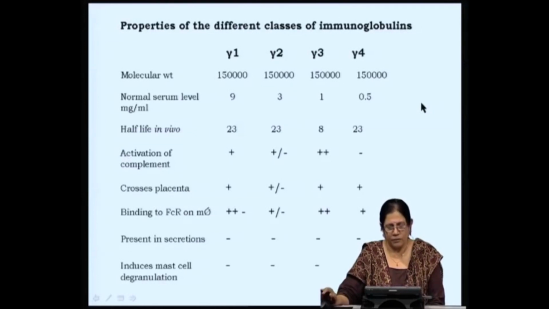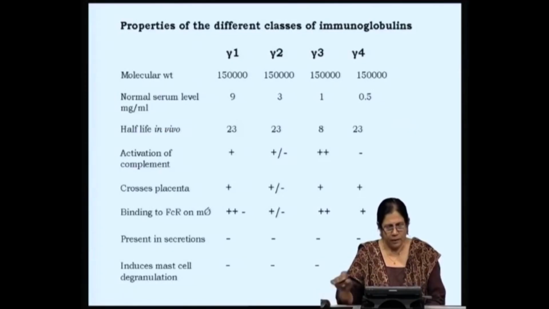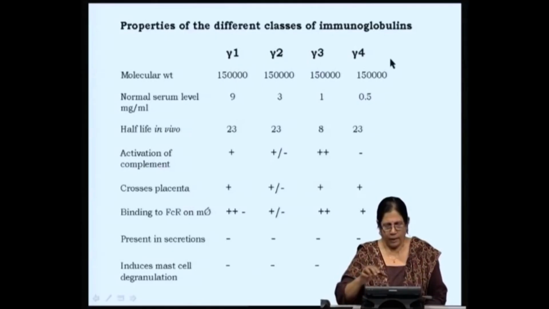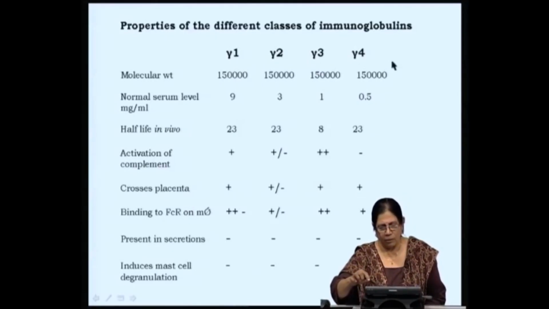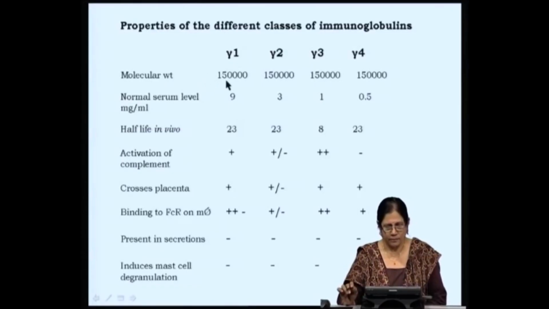What are the properties of the different classes of immunoglobulin? I will just point out a few. This is a table that talks about the molecular weight and the other properties of the subclasses of immunoglobulin G, IgG 1, 2, 3 and 4, and you can see that all of them are around the same molecular size. I should have in fact said around 1,50,000.